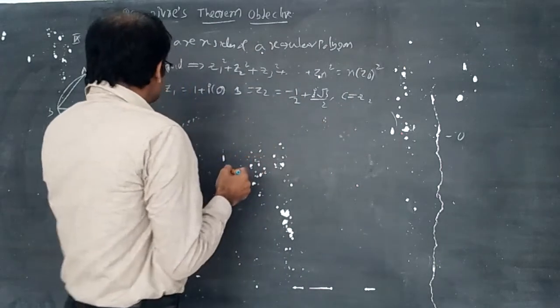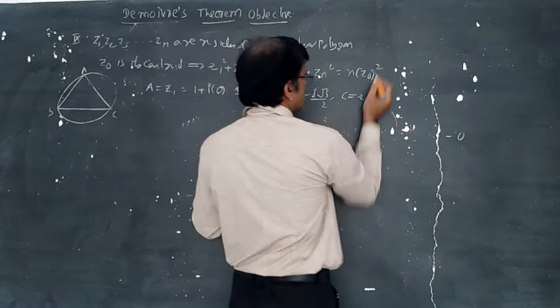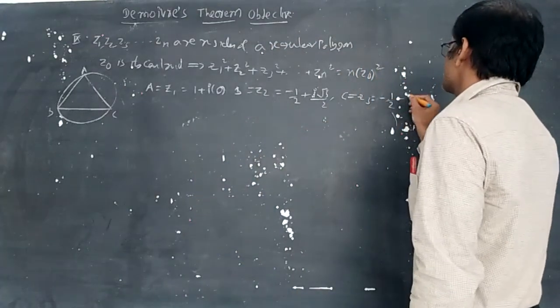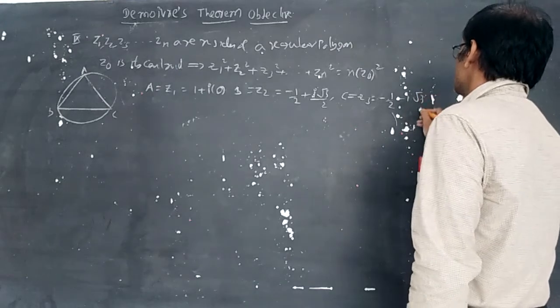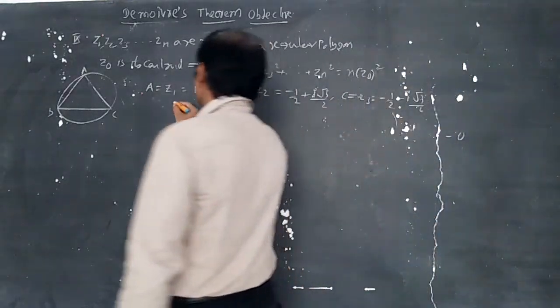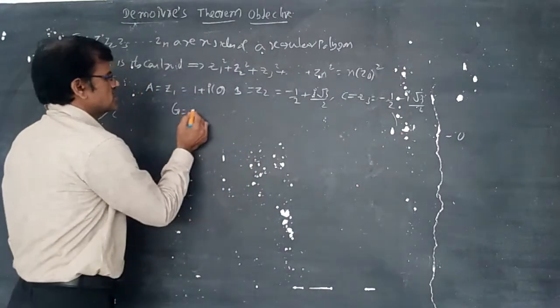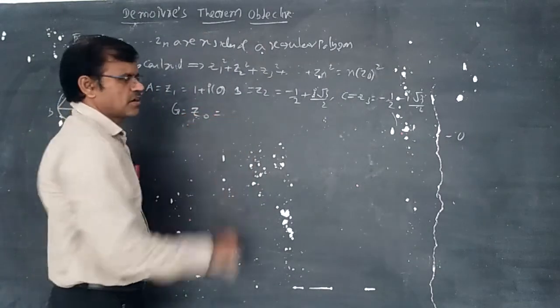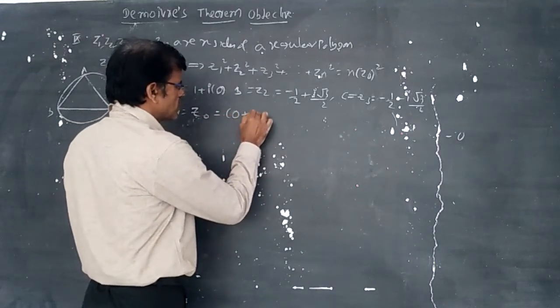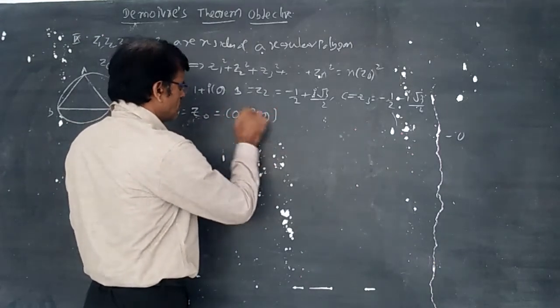C is equal to Z3, which is nothing but omega square, so minus 1 by 2 minus i root 3 by 2. Z0 means the centroid, which is 0 plus i into 0.